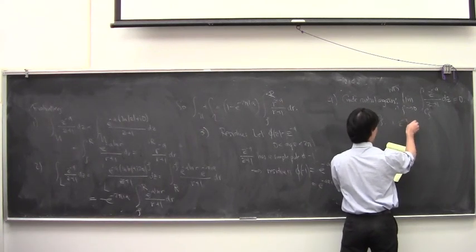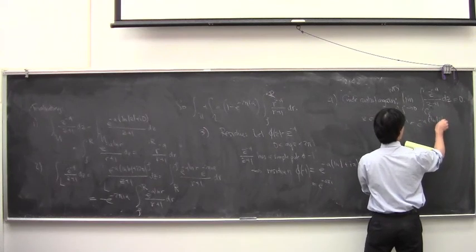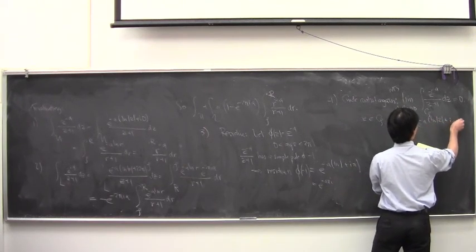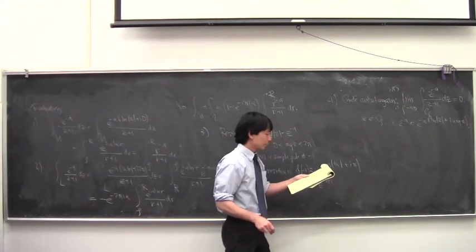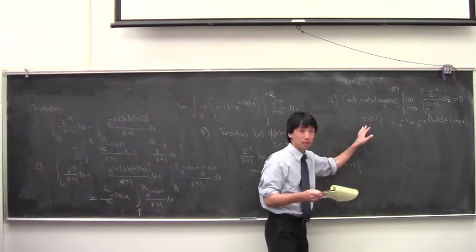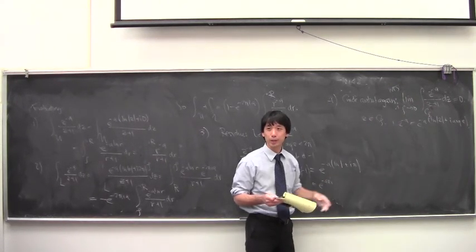Z to the minus a, recall, is e to the minus a natural log modulus z plus I argument of z. So again, we're just going to use crude bounds and the triangle inequality.